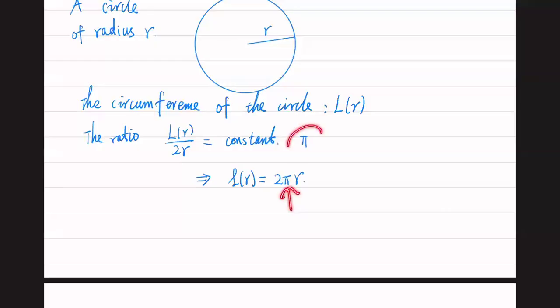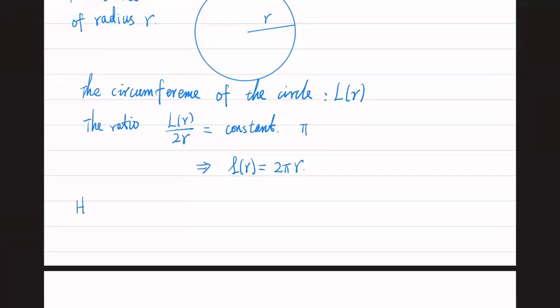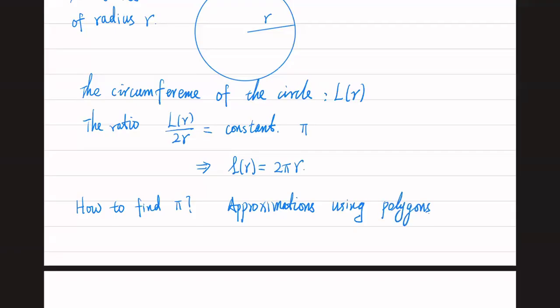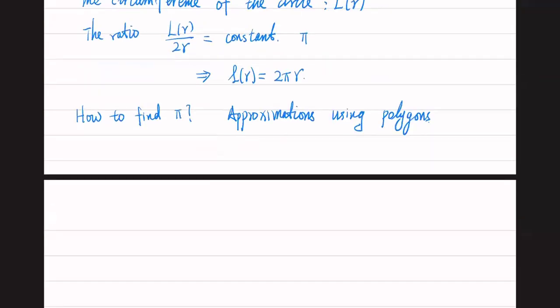How to find this number pi? Last time we introduced this approximation using polygon. Okay, so this is what the ancient mathematicians do.